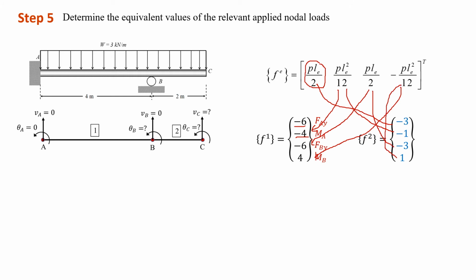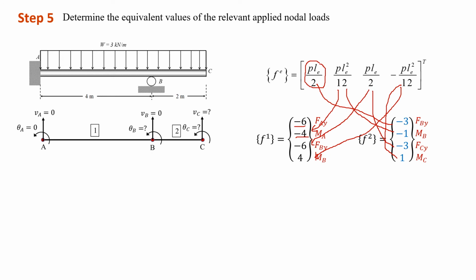For element 2, the first term is dedicated to FBY, the vertical force at point B, and the moment at point B for the second term, while the third and fourth terms are dedicated to FCY and MC, the vertical force at point C and the moment at point C.